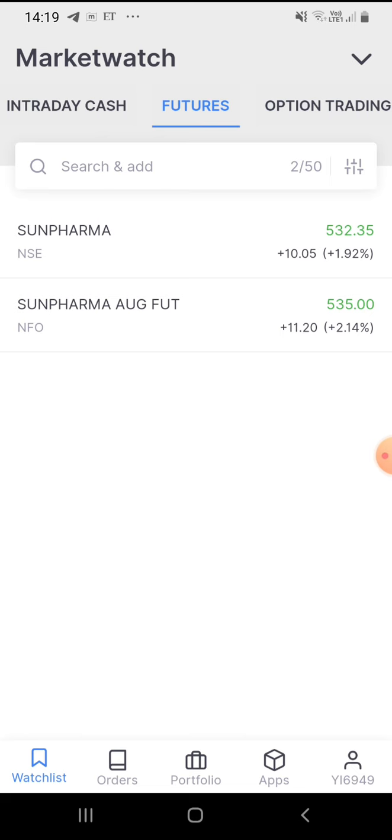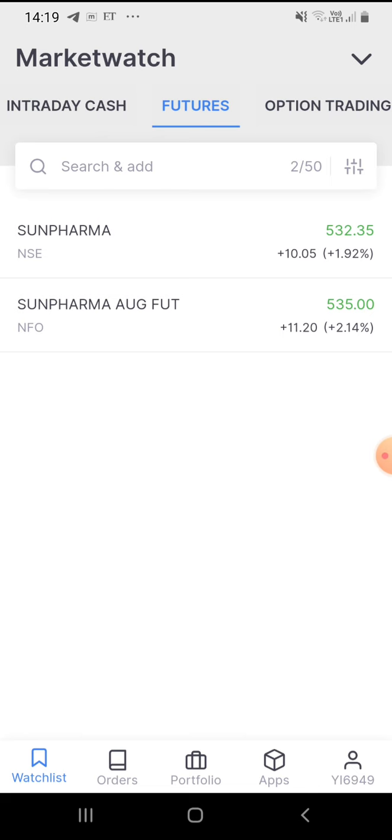That's why we concentrate more on the options segment. When we compare return on investment, it is highest in options. Intraday cash cannot give that, futures cannot give that. The return on investment is highest in options.